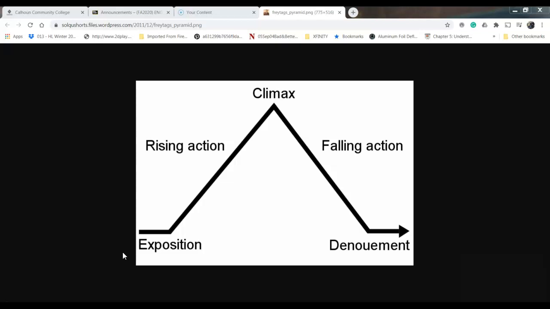Right? So the denouement is just when things kind of return back to normal. It's that moment of peace in a weekly drama, just before things start to go bad again in anticipation of next week's show.